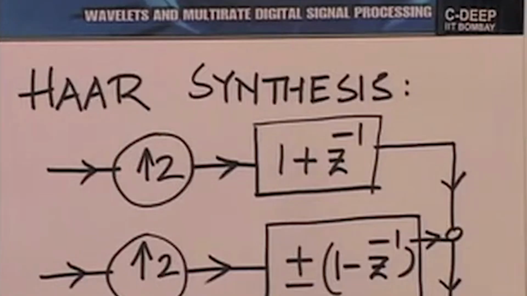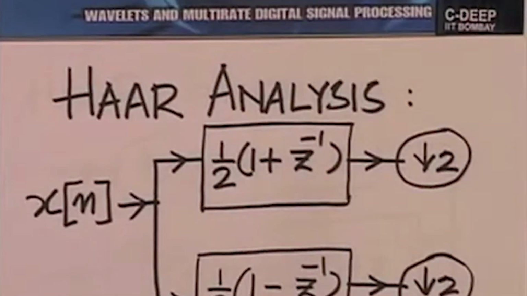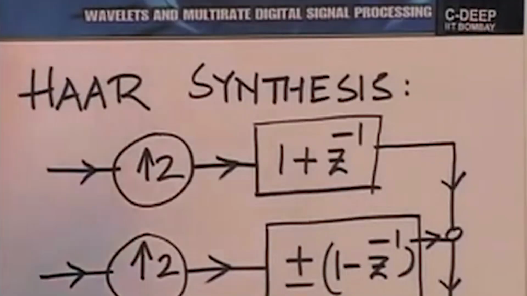Now, there are several things to which we must pay attention. One is, if you look at the structure of the analysis and the synthesis filter banks, the filters are almost identical. These are the two filters for the analysis side and these are the two filters for the synthesis side. Please note, I am allowing an ambiguity here.